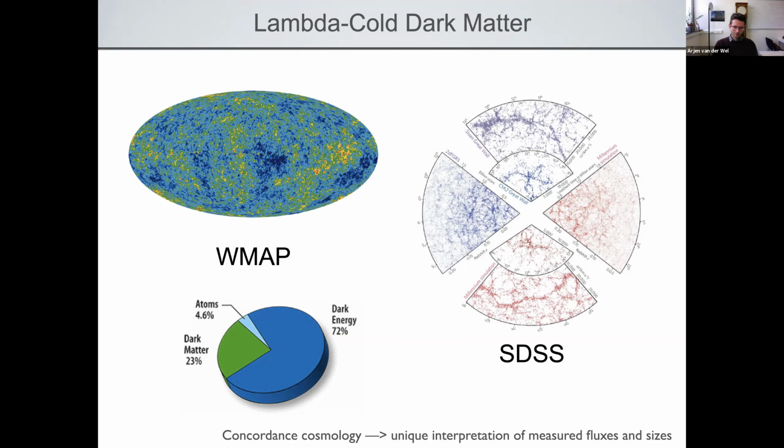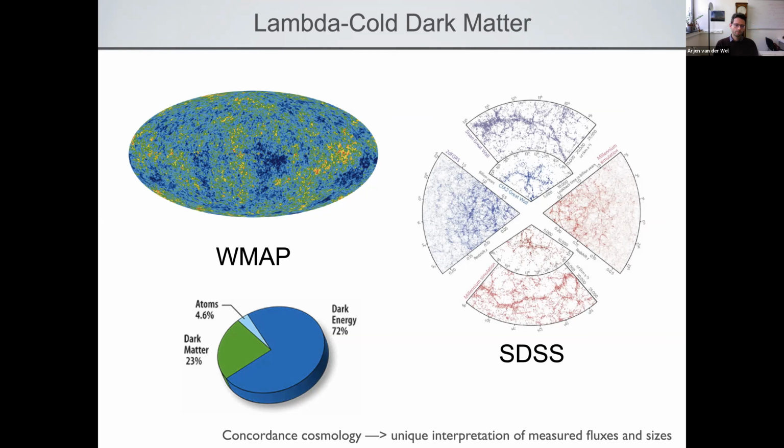Now, I want to stress how important it is to have this concordance cosmology for people like me who are interested in the galaxies, because when I first started reading galaxy evolution papers as a student, we didn't have a concordance cosmology yet. So you measure a flux and an angular size in the sky, but you don't know what it means in terms of luminosity and physical size.